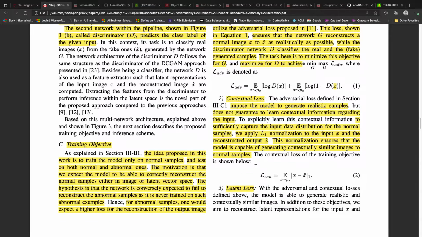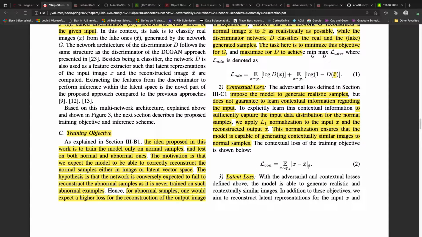So they used the L1 loss, and this X is the input image, the X bar is the reconstruction, and the X is sampled from the probability distribution of the normal samples. So, and that's the reconstruction loss.